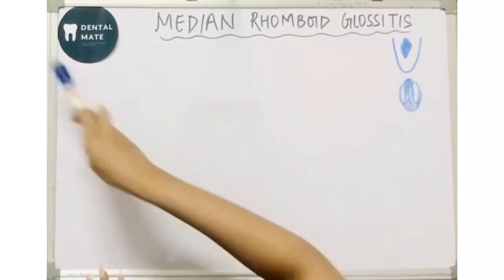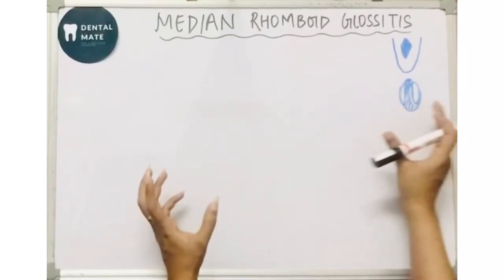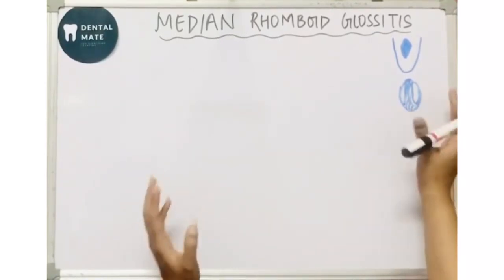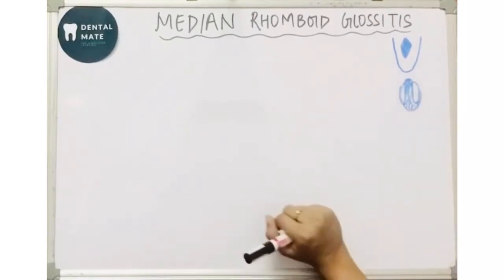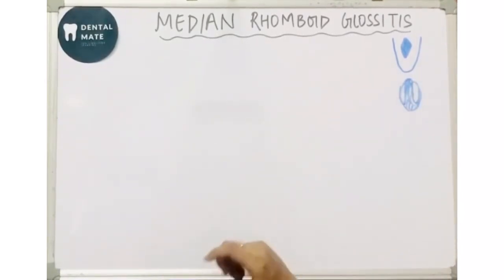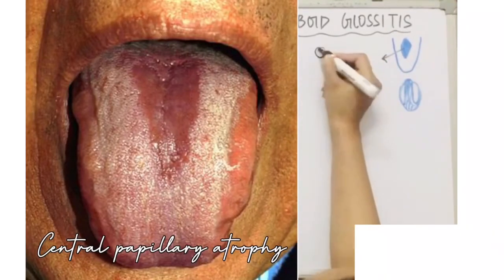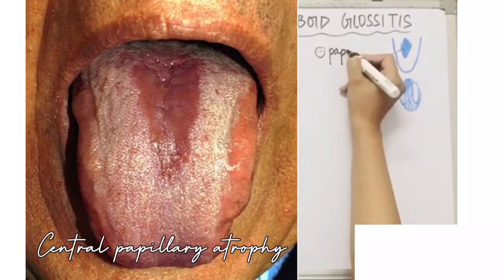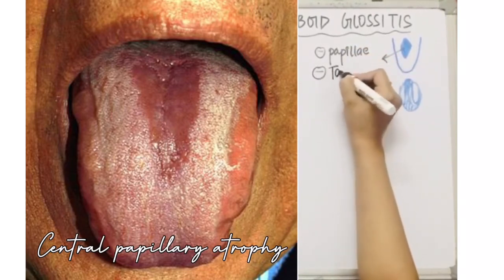So in this developmental anomaly, what is happening? The tuberculum impar is not able to cover these two lateral processes of the tongue, because of which there is a rhomboid shaped smooth erythematous mucosa lacking in papillae and taste buds. Remember, this rhomboidal shaped area does not have any papillae or any taste buds.